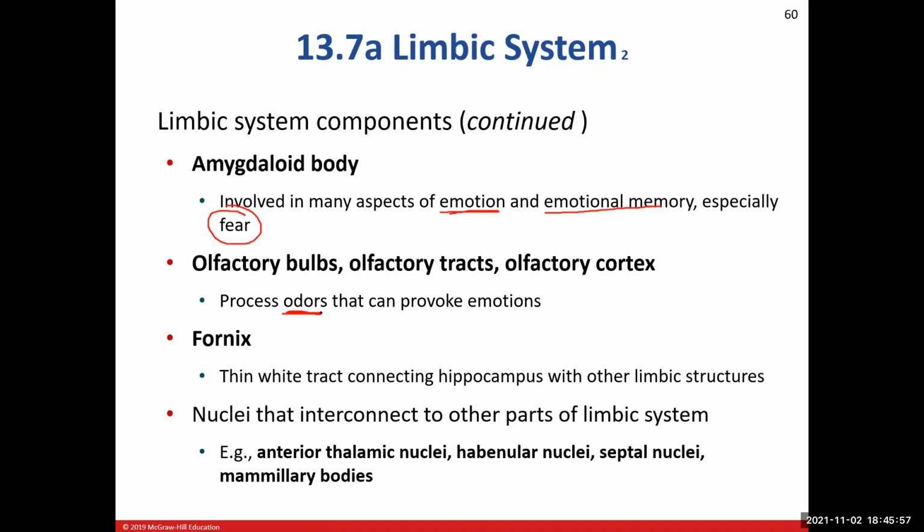You can see how that ties in, because the olfactory bulbs, the tract, and the olfactory cortex, all of that is part of the sense of smell and is tied into your limbic system.